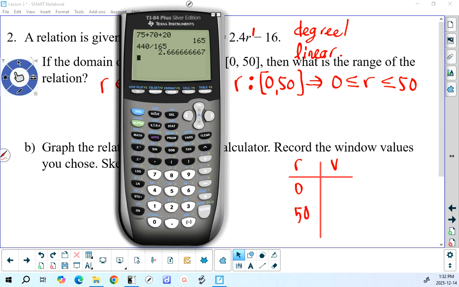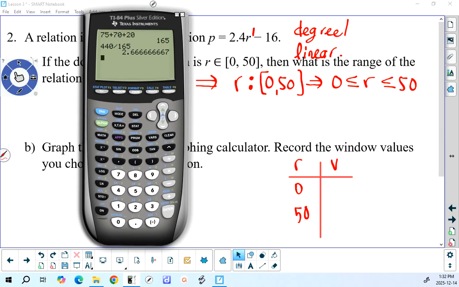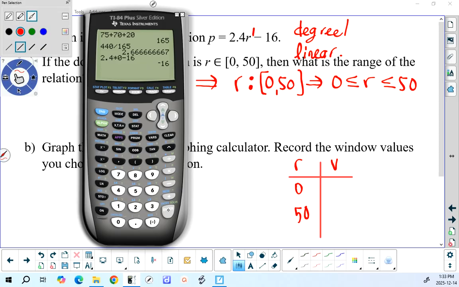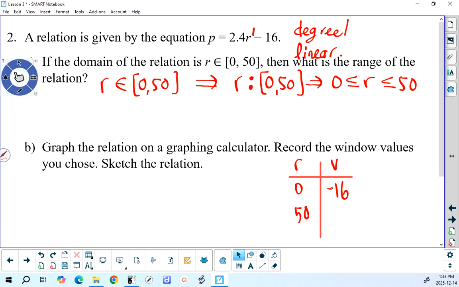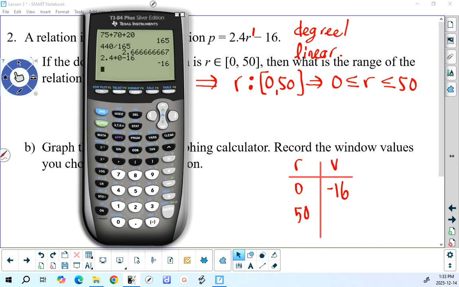And I'm just going to go 2.4 times R minus 16. So 2.4 times 0 minus 16 gives me negative 16 for a V value when R is 0. And then I'm going to repeat the process for R equals 50. 2.4 times 50 minus 16, which tells me that it's 104.